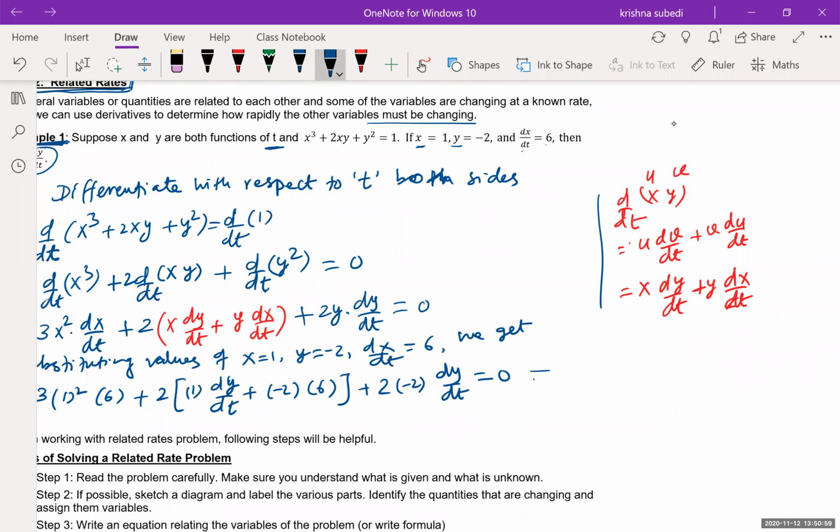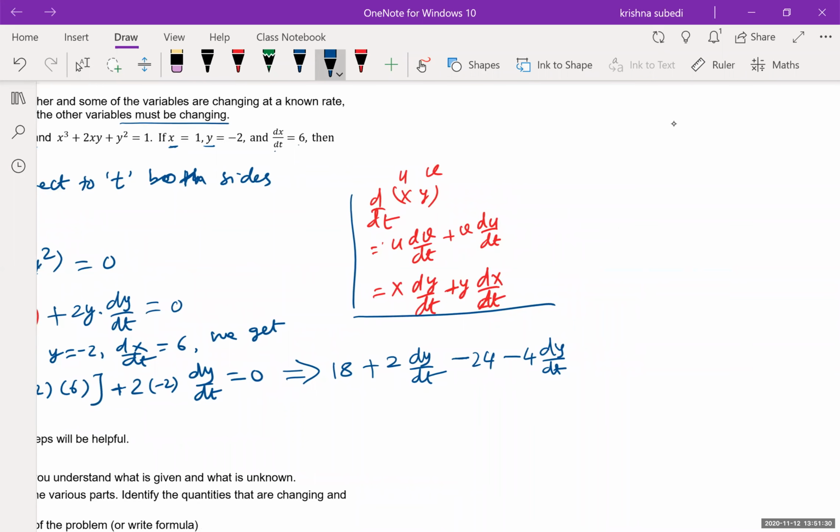Now the first term will be 18, plus 2 dy over dt, minus 6 times 2 is 12, times 2 is 24, plus, positive and negative, negative 4 dy over dt.